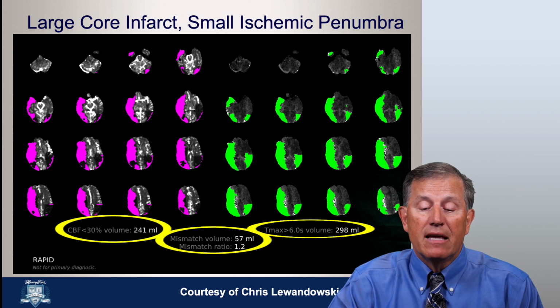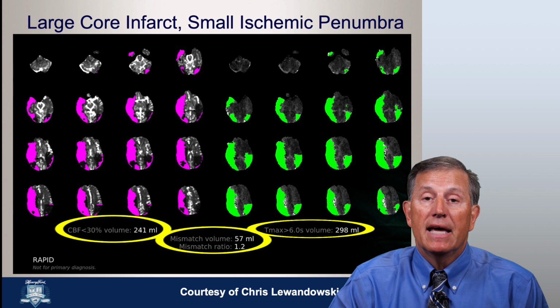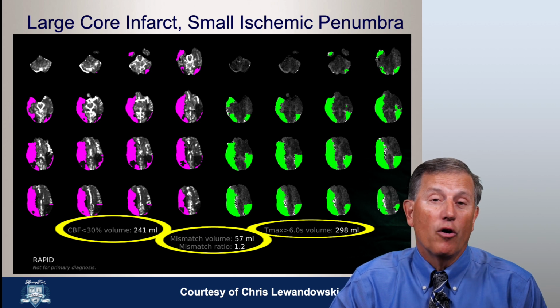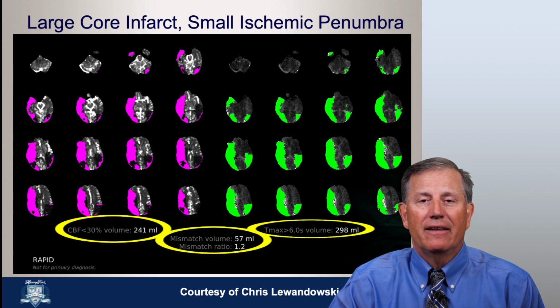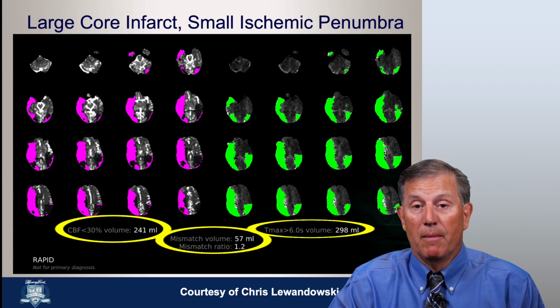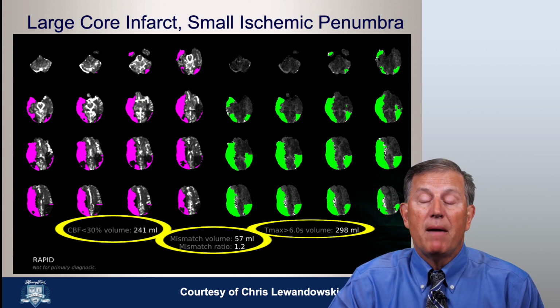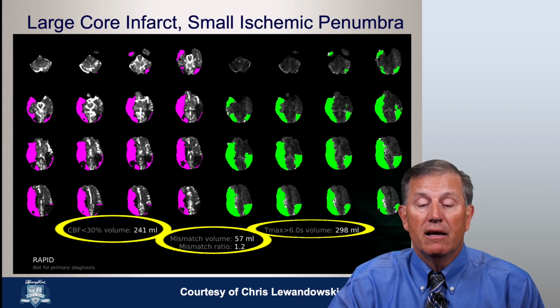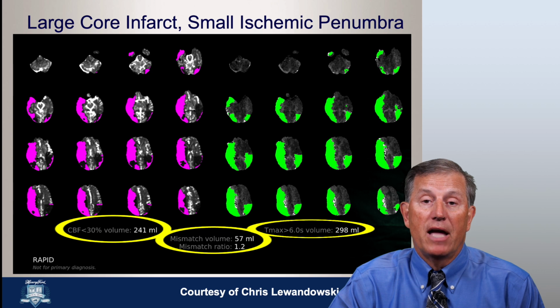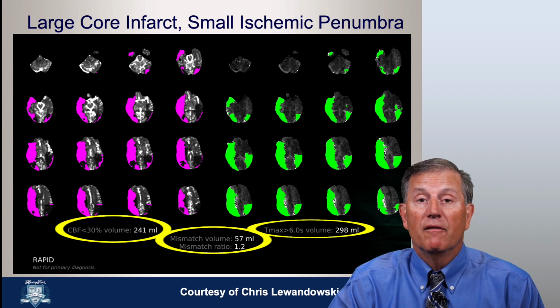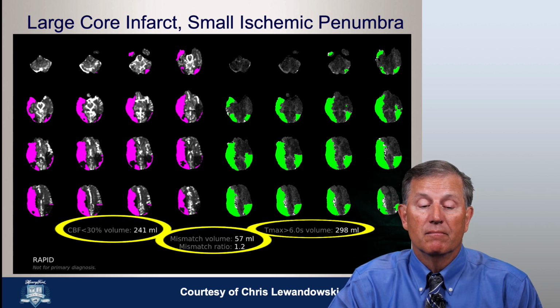So you could see if the ischemic penumbra is 1/5 the size of the core infarct, it's not likely that aggressive therapies will provide much benefit at 3 months and beyond, such that it may be considered that in this patient, aggressive EVT and transfer to a comprehensive stroke center may be of less benefit.